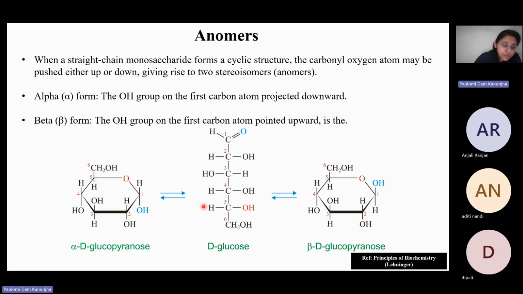So see, the difference between them is not just in the structure, it's also in their optical rotation, right? How much do they rotate the light? That factor also has an effect when there is a solution. How much light is coming? How much can they rotate? How much is the equilibrium forcing them to go back?